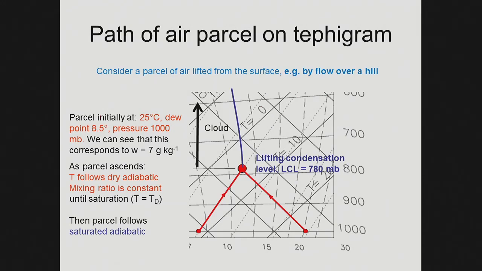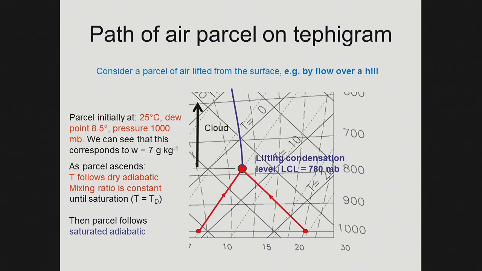And so you follow this. This is a mixing ratio line here. You follow that line, and then, of course, as you come up through the atmosphere, the parcel gets colder and colder. So at 900 millibars, its temperature has fallen to, this is 20, this is 10, about 16, something like that.